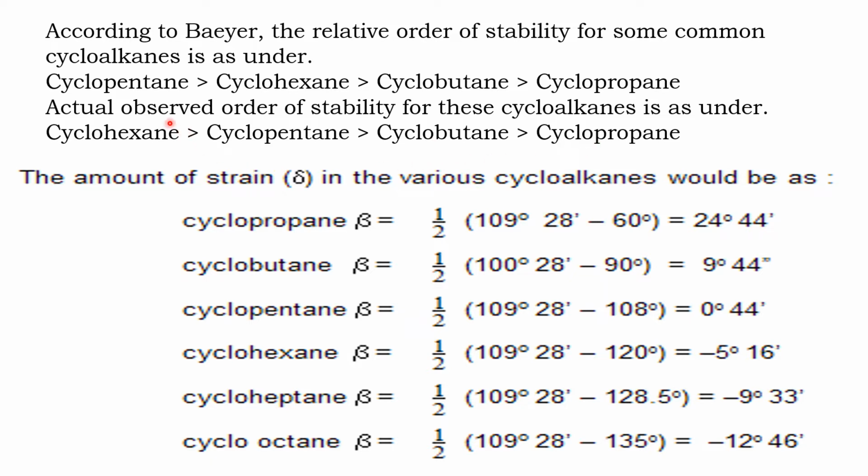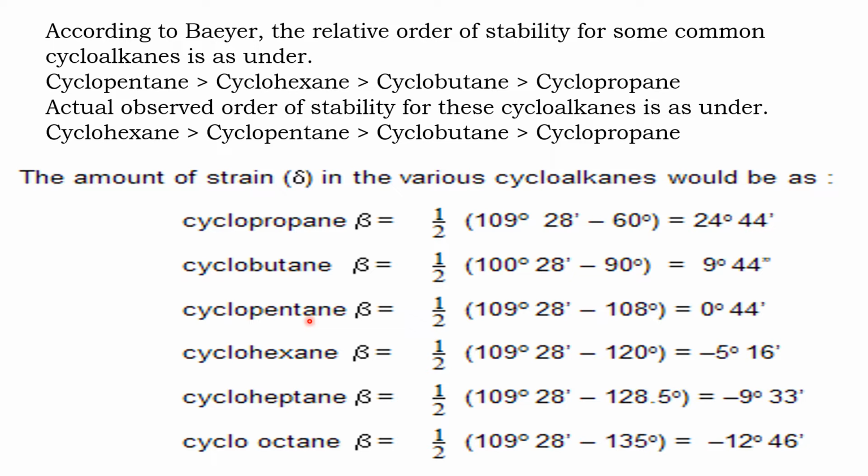So the high stability of cyclohexane is due to the conformation of cyclohexane into chair or boat form. From the table of angle strain, the angle strain is minimum for cyclopentane.